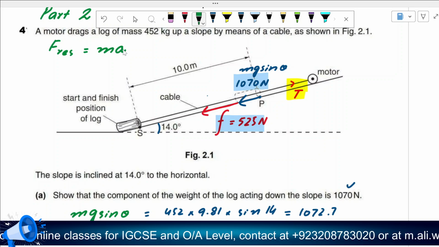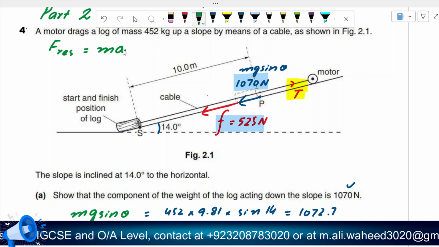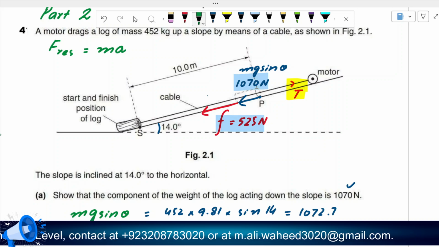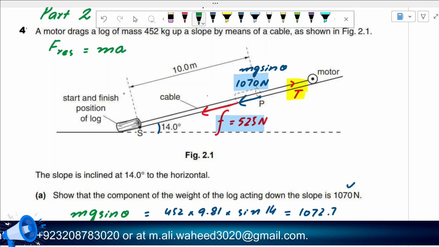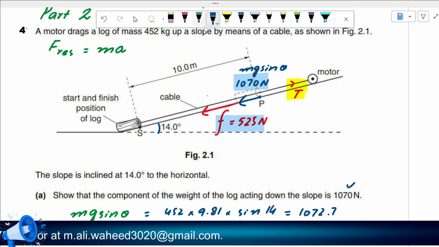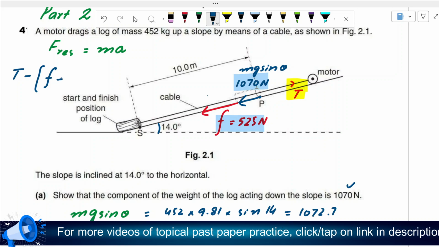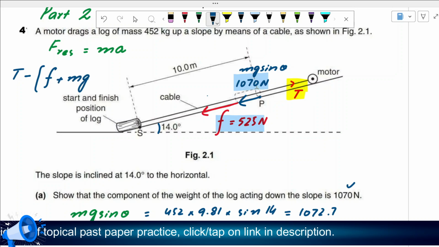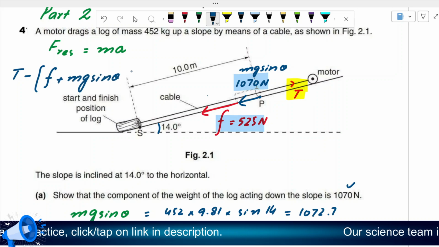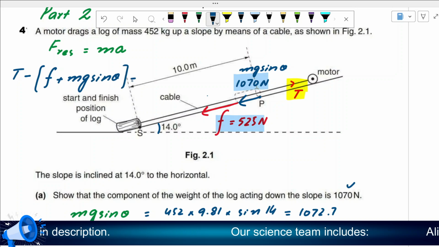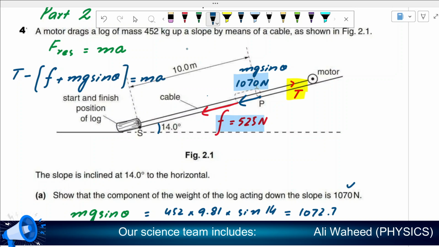How do we know? That's the only reason why the log is moving upward. That's why it's accelerating upward. So the force up the slope minus the forces down the slope, which include the friction plus mg sine theta, all of it equals ma.